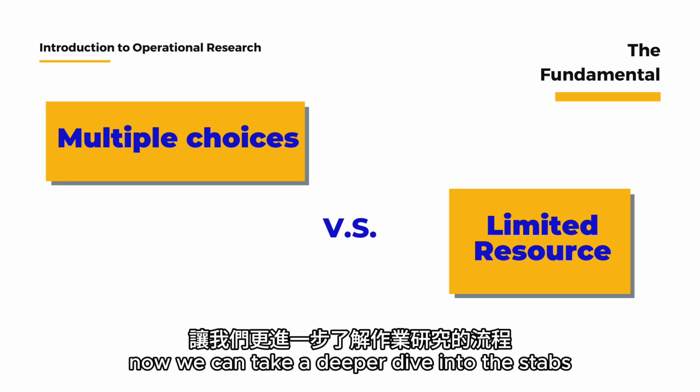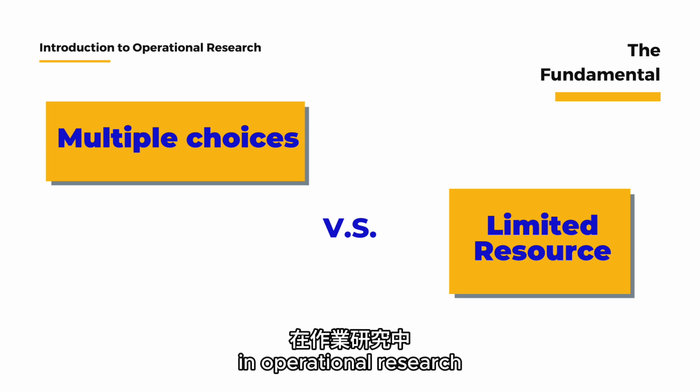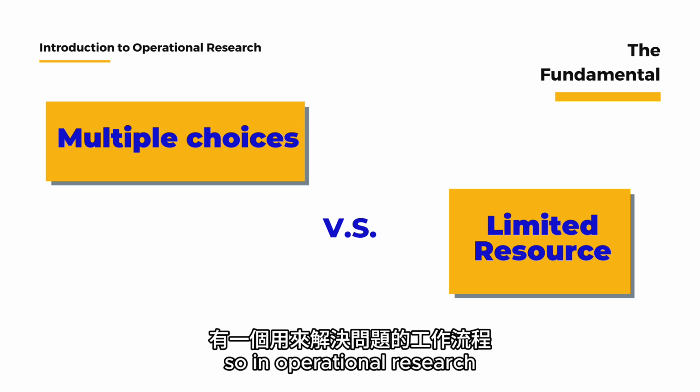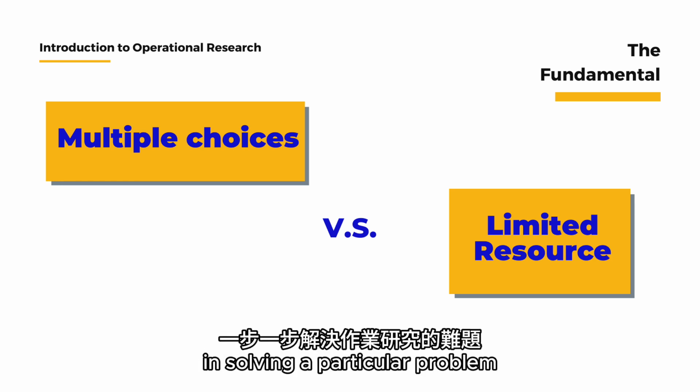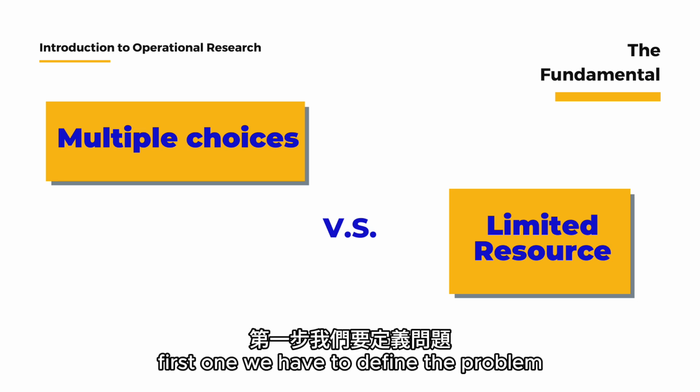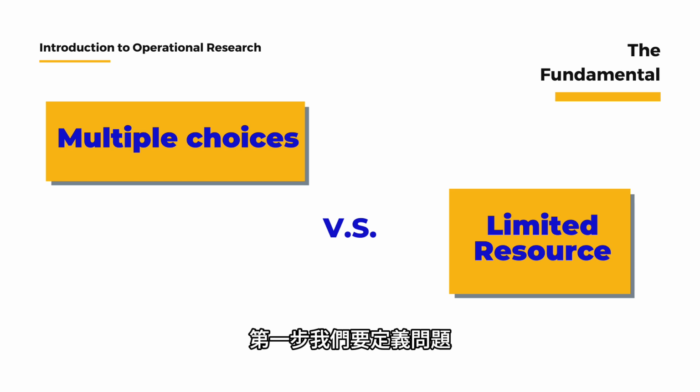Now we can take a deeper dive into the steps in operational research. In operational research, this is considered a workflow for solving a particular problem. First, we have to define the problem.